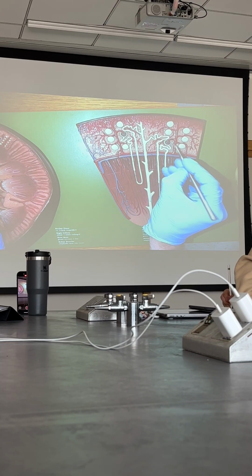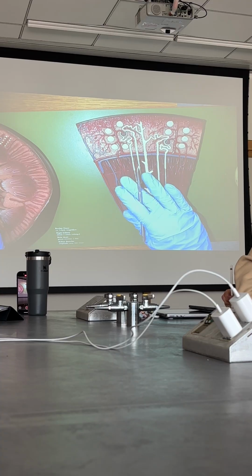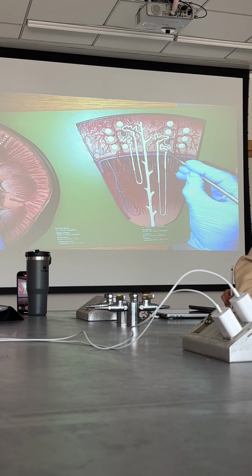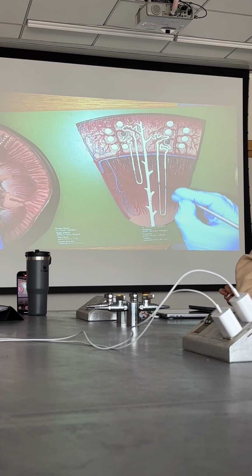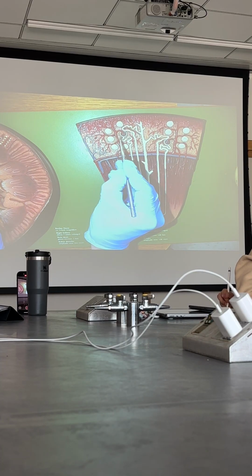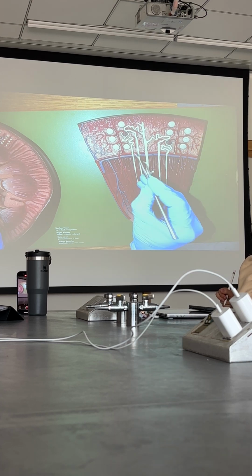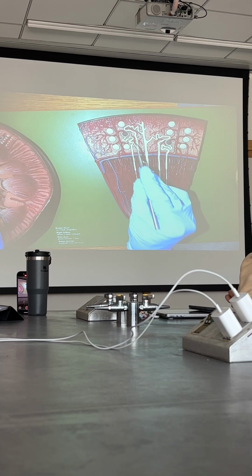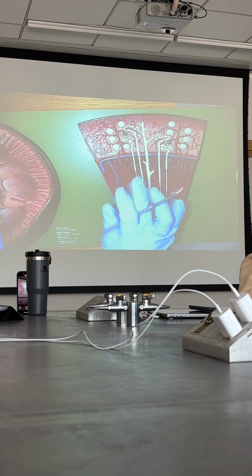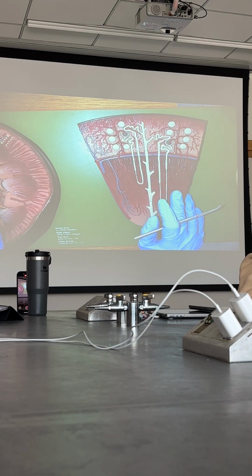Notice that the renal corpuscle part, which is right here, sits pretty close to the medulla, which is this area down here. Also notice that it has a nice long loop of Henle that goes deep into the medulla. Whereas this guy over here, its renal corpuscle is more out in the cortex itself, and it has a much shorter loop of Henle that doesn't go into the medulla as deeply. So that's a cortical nephron, that's a juxtamedullary nephron.